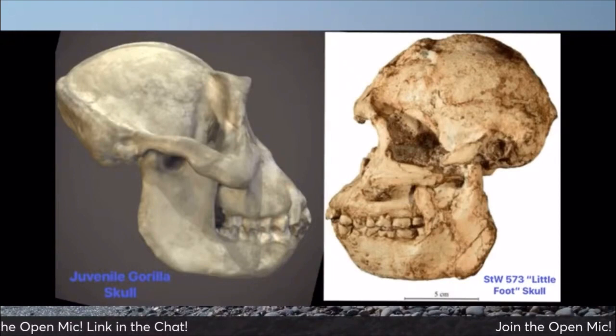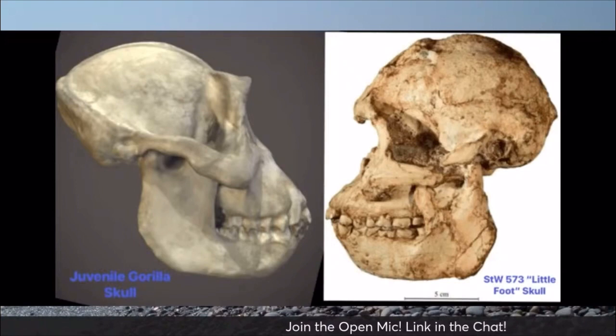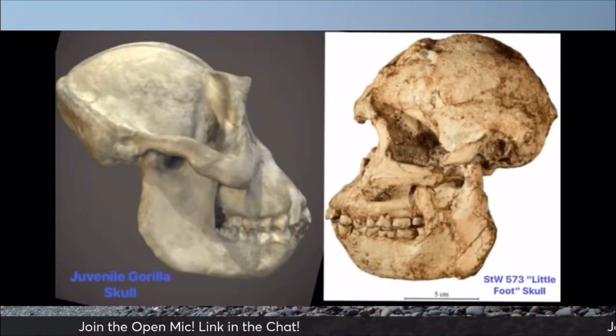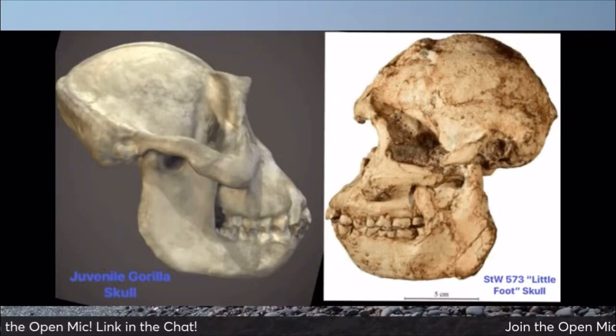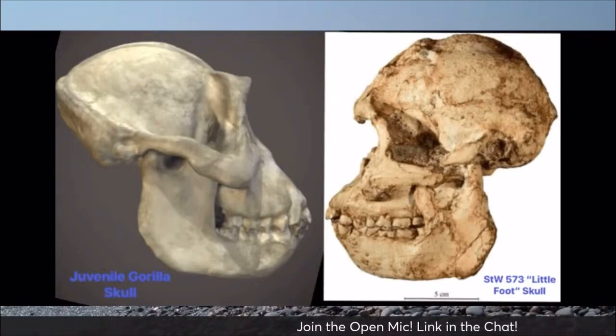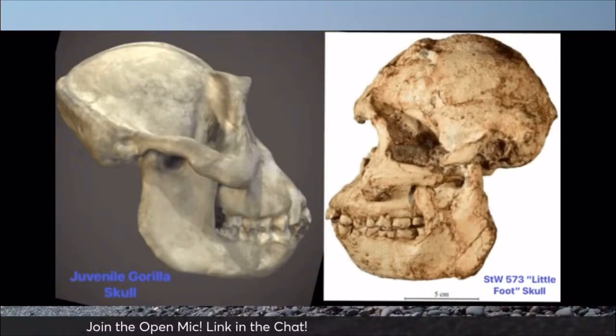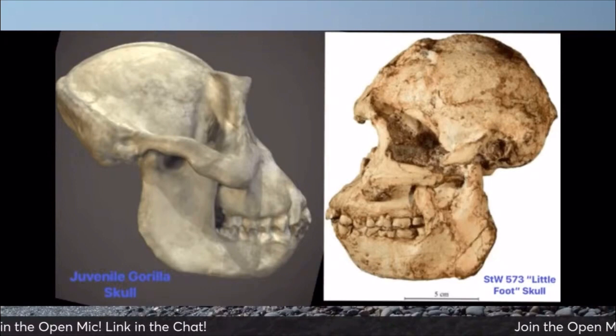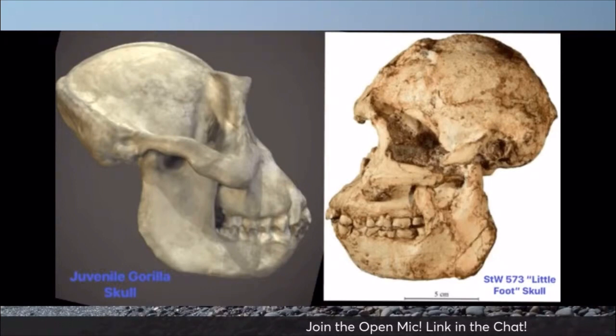All the literature surrounding STW 573 says the shoulders and the arm bones are very gorilla-like. So even more than just arboreal, like a tree-dwelling ape, they're actually more gorilla-like. And so is the skull.